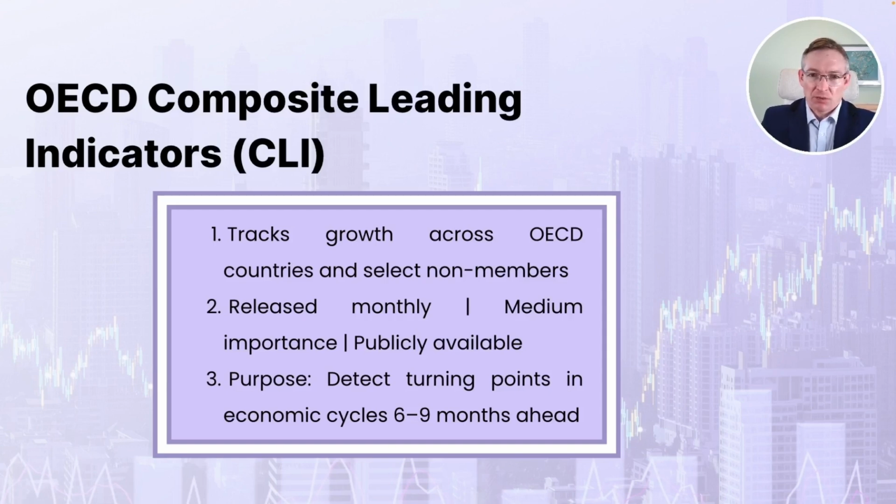Now, stepping back specifically from Germany, we have the OECD CLI, or Composite Leading Indicators. This series covers all OECD countries plus a few key non-members and is designed to signal economic turning points before they happen. It's published monthly and helps track broader global economic cycles.